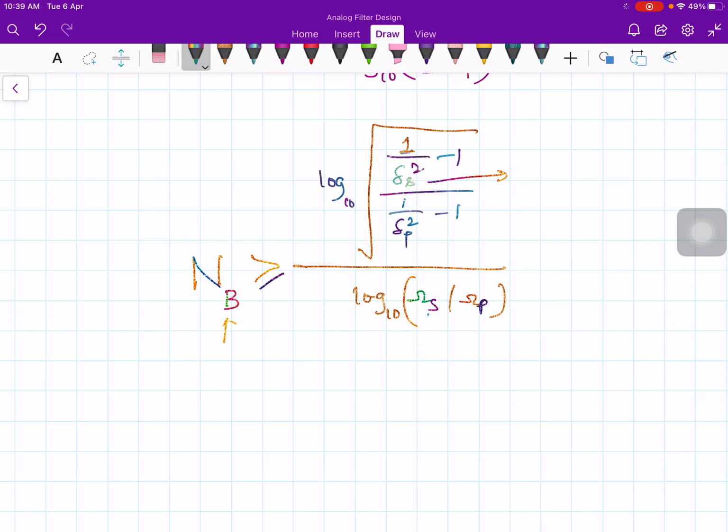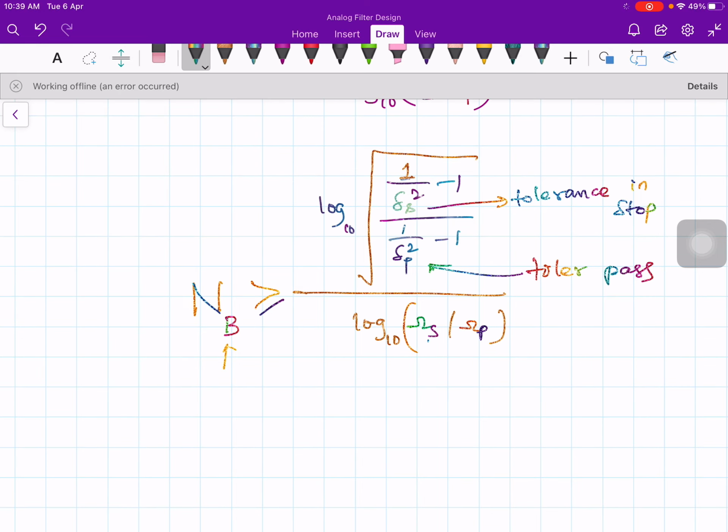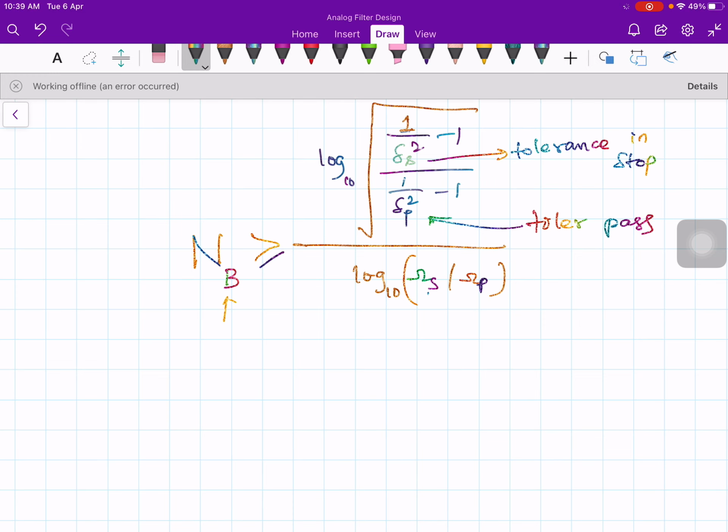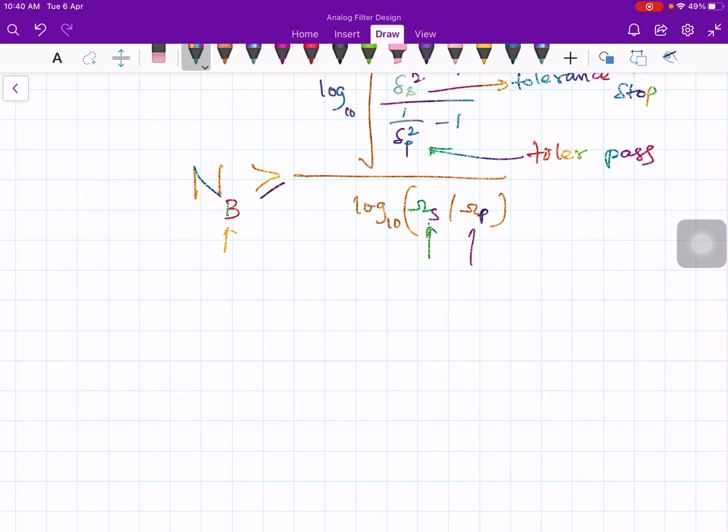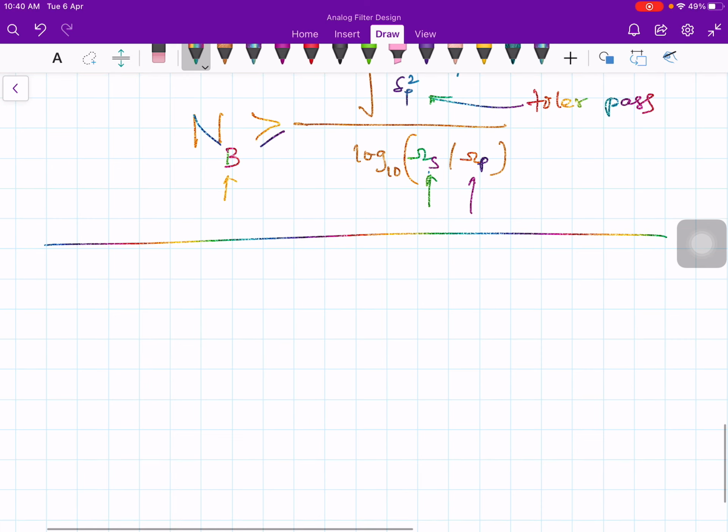See, delta S is the tolerance in stop band, delta P is tolerance in pass band. Okay, in the numerator I have log of tolerances in the stop band and pass band, and in the denominator again I have the log ratio, but the ratio is between omega S and omega P. Okay, stop band and pass band edge ratio. So omega S is the stop band frequency and omega P is the pass band frequency. Okay, and now let us consider an example.